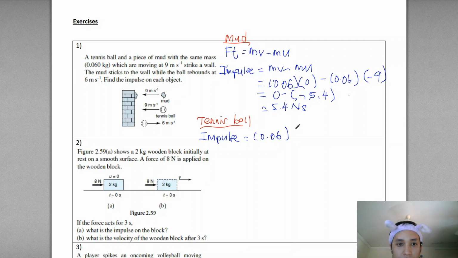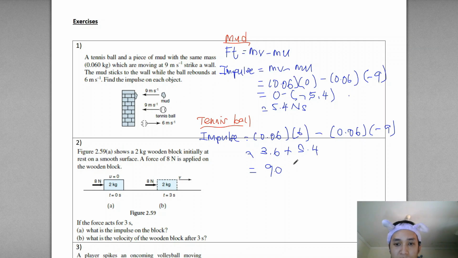The final velocity, since it's moving to the right, is positive, and the initial velocity is negative. So this will be 3.6 plus 5.4, which is equivalent to 9 Newton seconds.